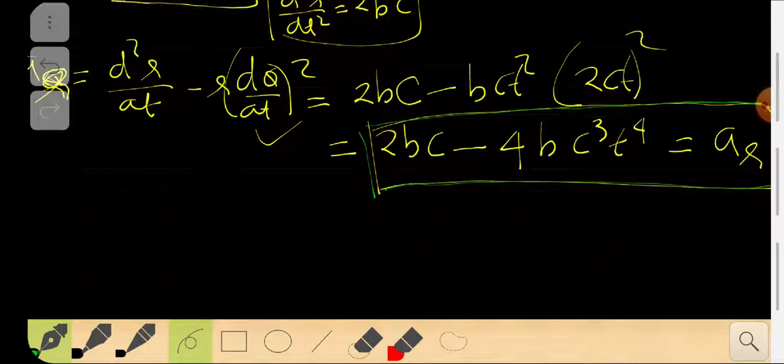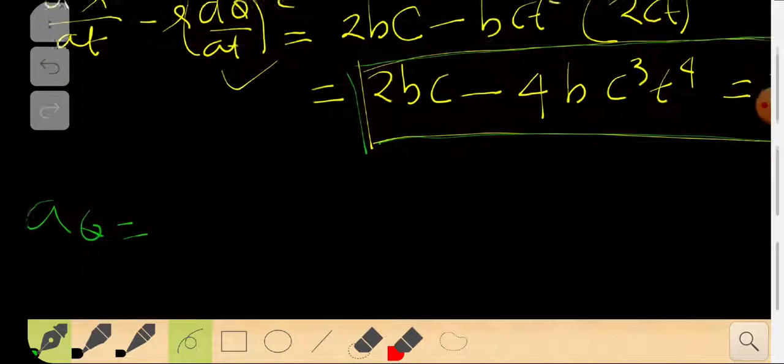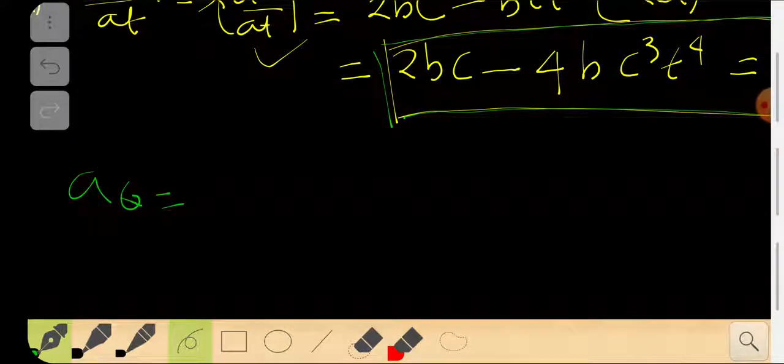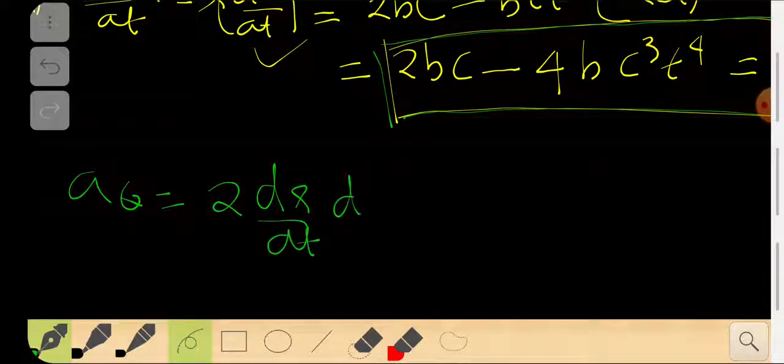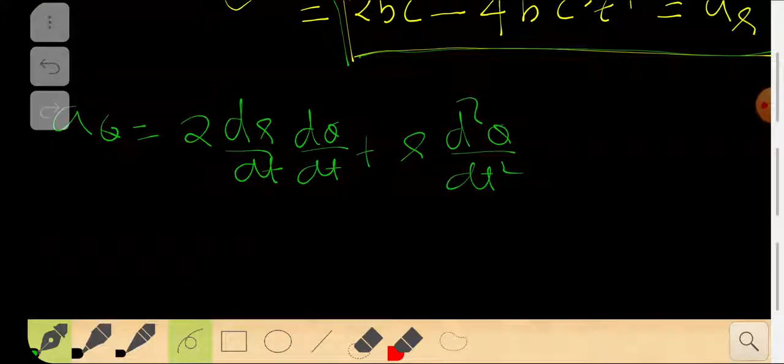So a theta, which is the tangential. We have discussed there is Coriolis in here. As long as Coriolis is present, that is 2 times dr/dt times dθ/dt plus r times d²θ/dt². So that's Coriolis plus normal.